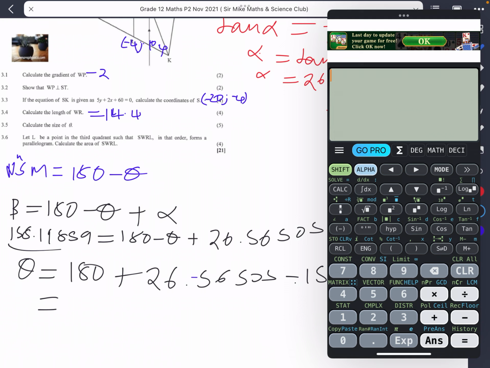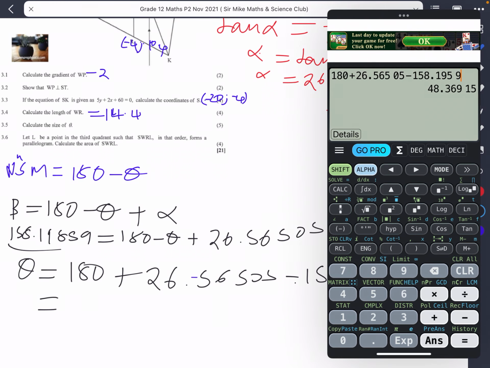so I know that that would be 180 plus 26.56505 minus 158.19859. What was the other value again?